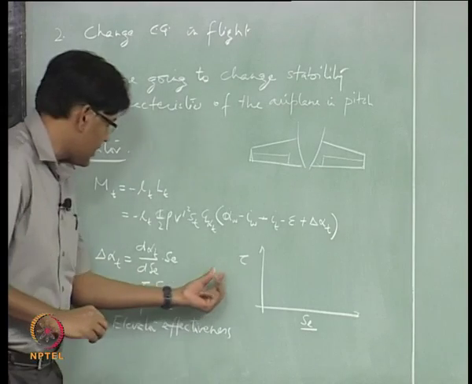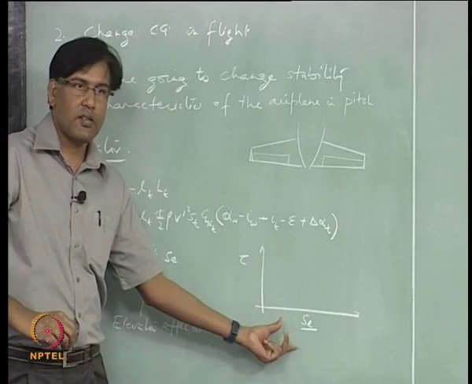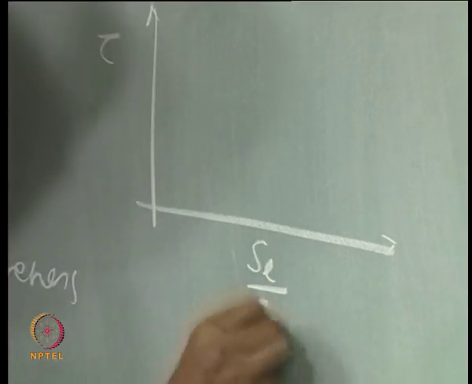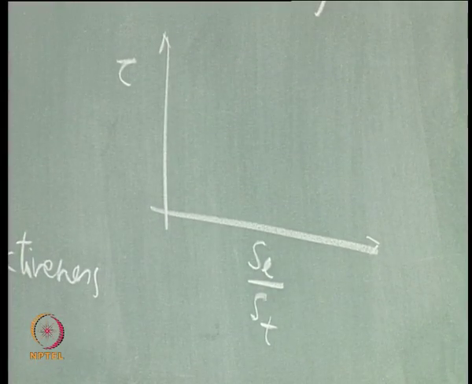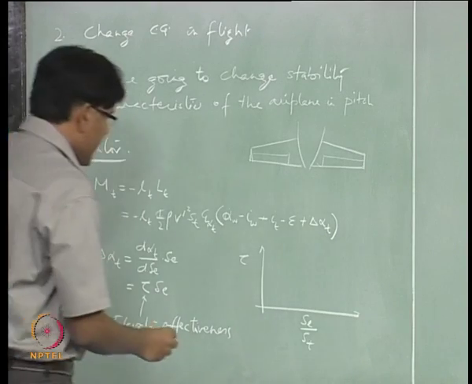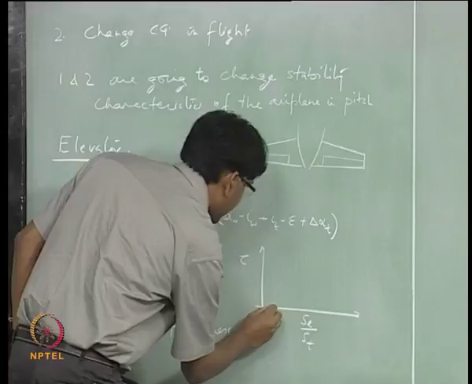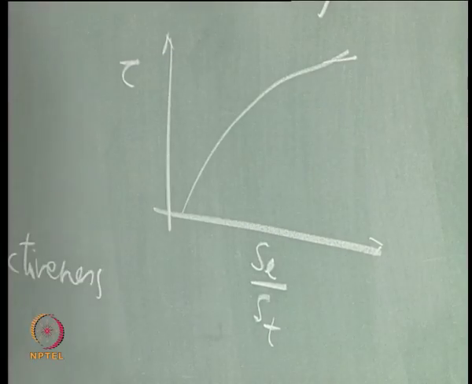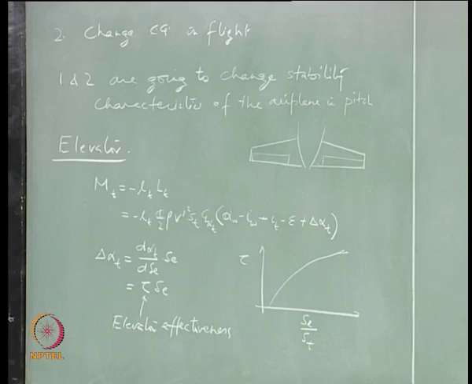This parameter is going to depend upon the ratio of the two areas. Okay. It varies something like this, maybe it is saturated. Is it all right?